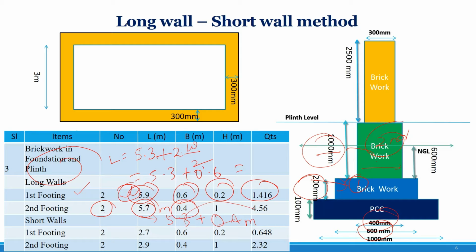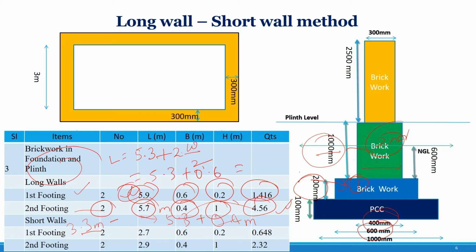The width of your second footing is 0.4 meter and the height is 1 meter, so you have 4.56 cubic meter as the quantity for this second footing long wall.